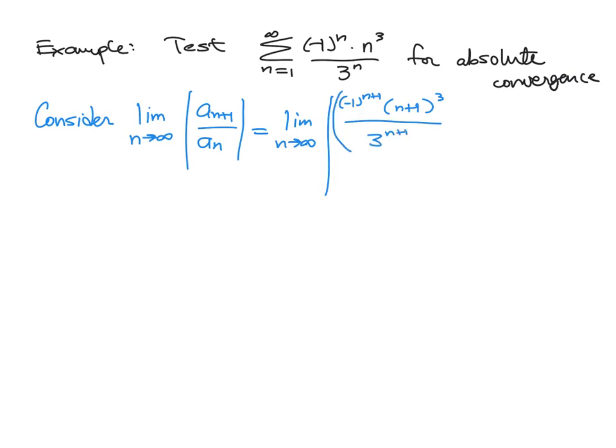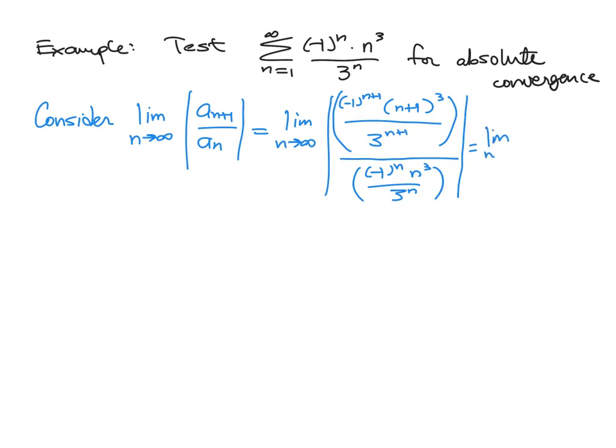That was the a_(n+1) term. Now I need to divide by the a_n term, which is literally just a copy of the one in the series. So negative 1 to the n, n cubed over 3 to the n. That's the a_n term. So I'm doing this limit here. So what I'm going to do now is, obviously the negative 1 to the n plus 1 disappears, and the negative 1 to the n disappears, and so I don't really need the absolute value after that because n is going to infinity.